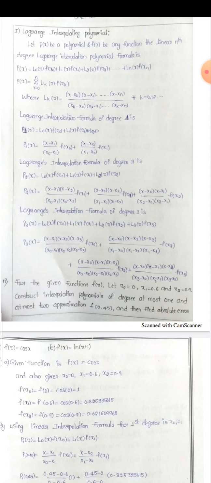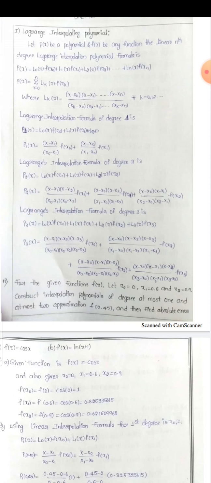P2 of x is equal to L0, (x minus x1) into (x minus x2) by (x0 minus x1) into (x0 minus x2) f of x0 plus L1, (x minus x0) into (x minus x2) by (x1 minus x0) into (x1 minus x2) f of x1 plus L2, (x minus x0) (x minus x1) by (x2 minus x0) (x2 minus x1) f of x2.